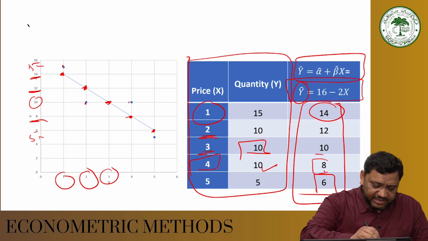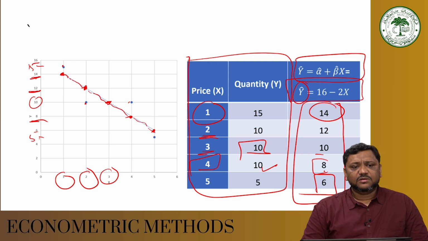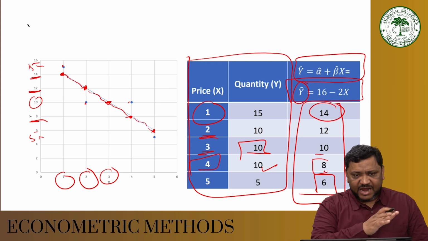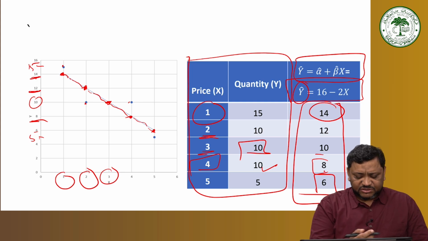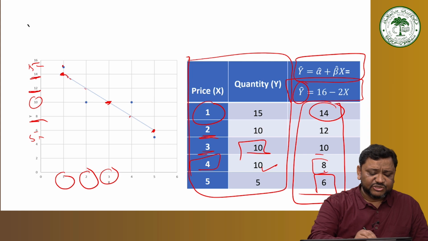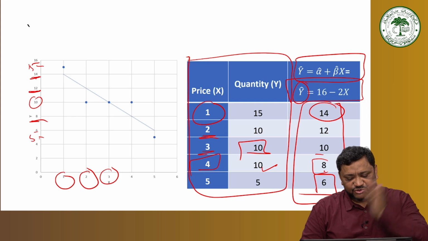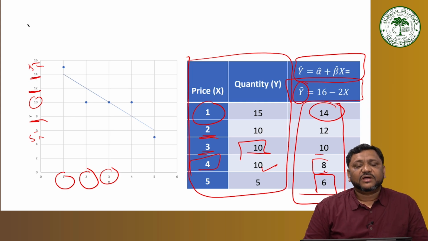If we join these points of estimated values as shown by the blue dotted lines, excuse me, my freehand graph is not exactly straight, but if you just see the blue line, it is exactly a straight line, because we are estimating a linear relationship. So this straight line is what is your regression line.